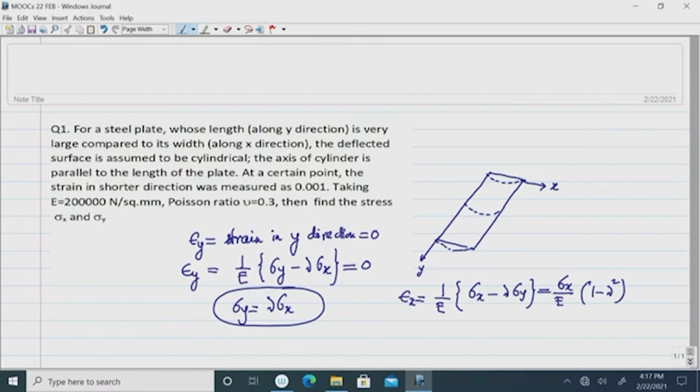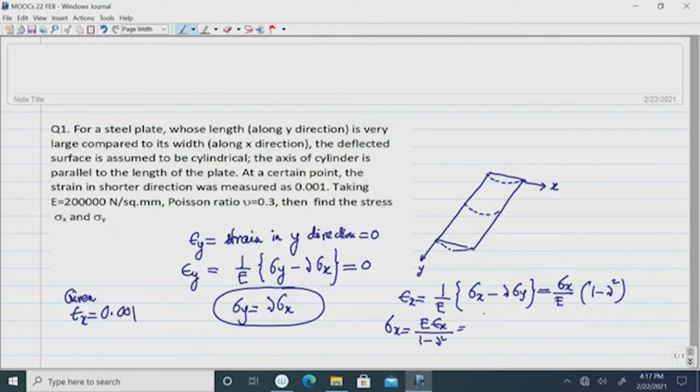Our measured quantity is epsilon x, given as 0.001. So, we are aiming to find sigma x, which is equal to E into epsilon x by (1 minus mu square).